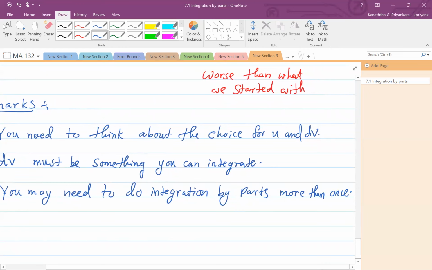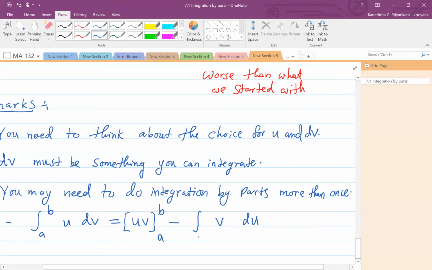So the last one, we will consider the definite integral. So we have the integral from a to b of u dv, which gives uv minus the integral of v du. That is what we had earlier. In this case, remember, you have to evaluate uv at x equals a and x equals b.